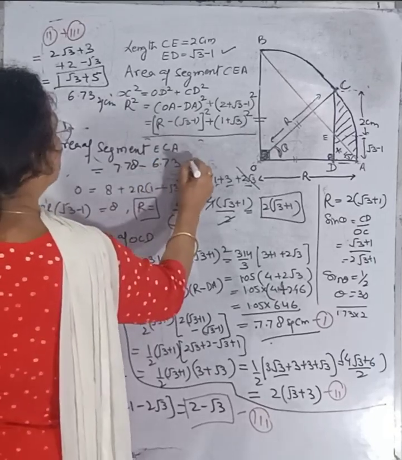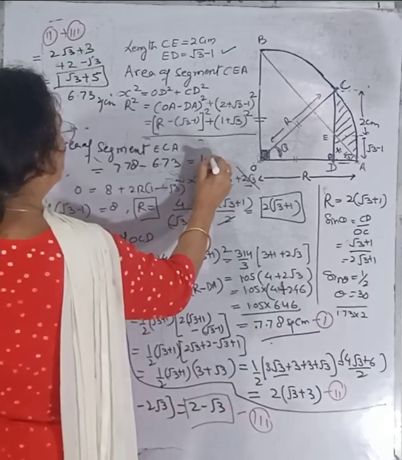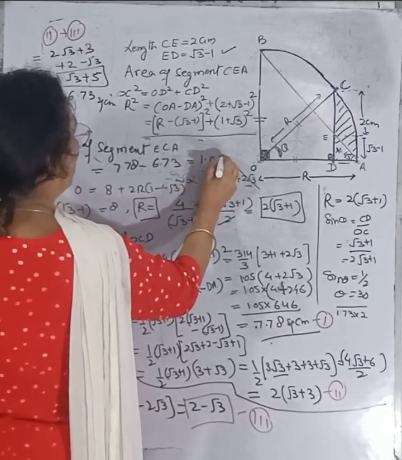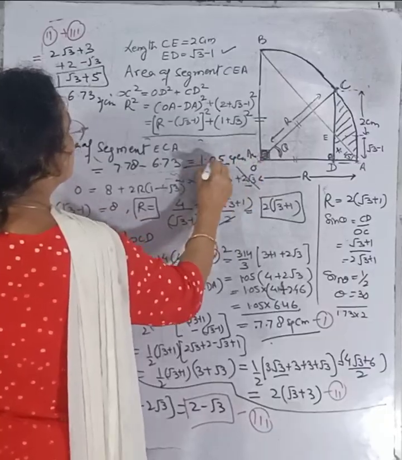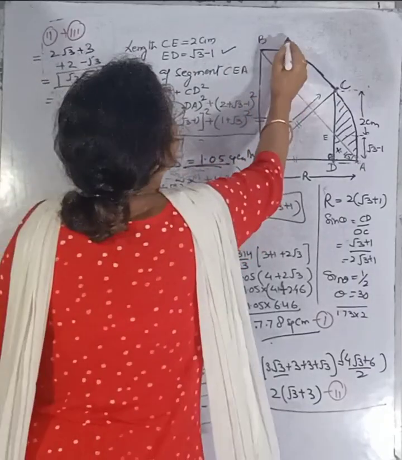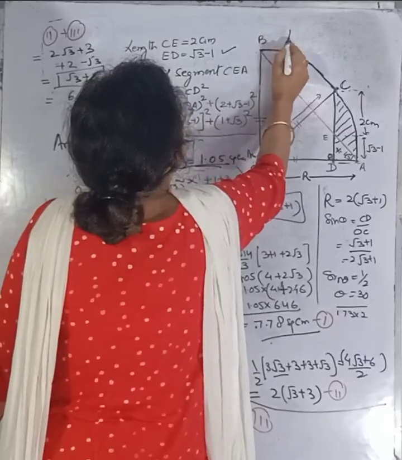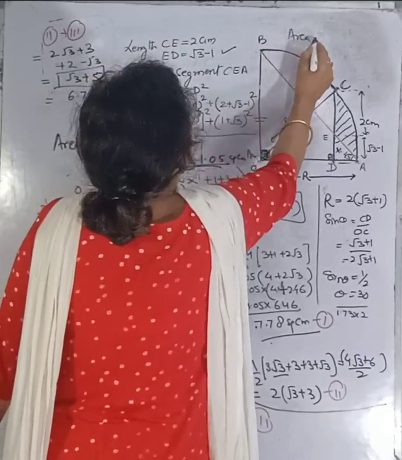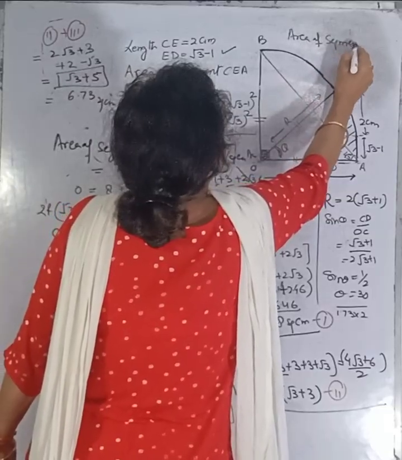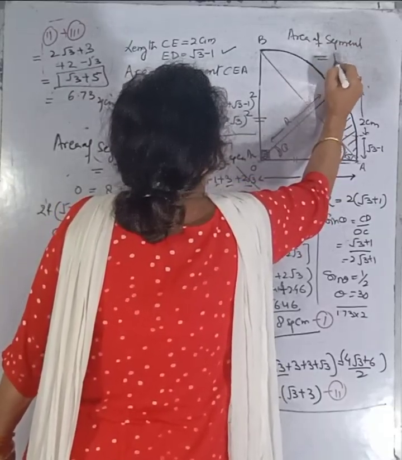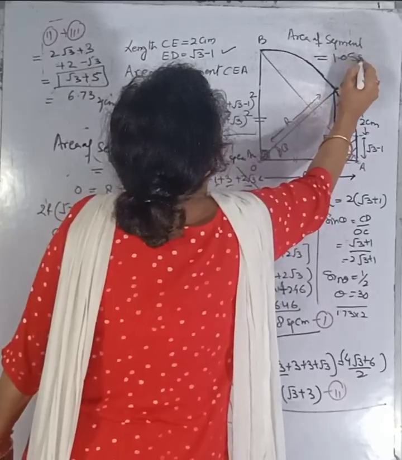This will be equal to approximately 1.05 SQCM. Answer. This is the answer. Answer is area of segment is equal to 1.05 SQCM.